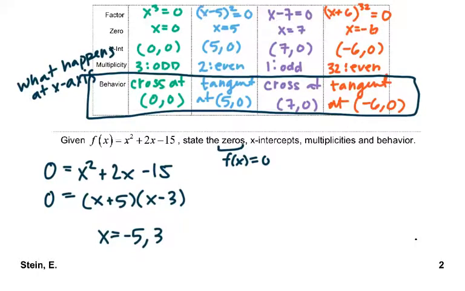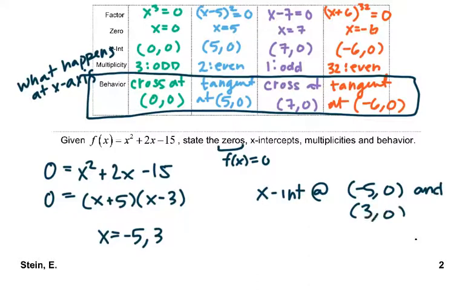These two values represent x-intercepts. I have two x-intercepts at negative 5, 0 and positive 3, 0. And if we talk about their multiplicities, what is the power on each of these? The multiplicity on both is 1, which is an odd value.